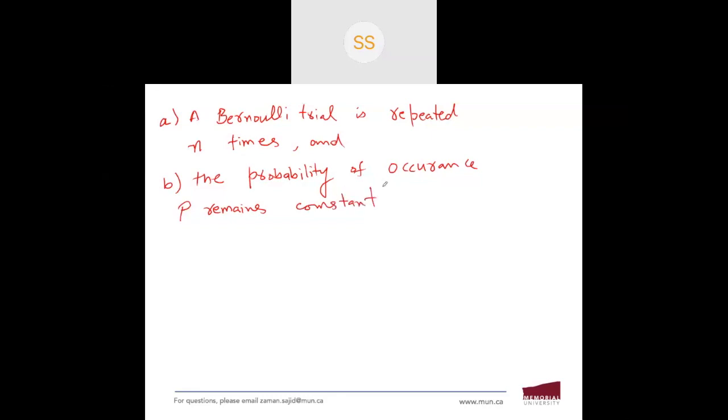Okay, the probability of the occurrence P remains constant from trial to trial.